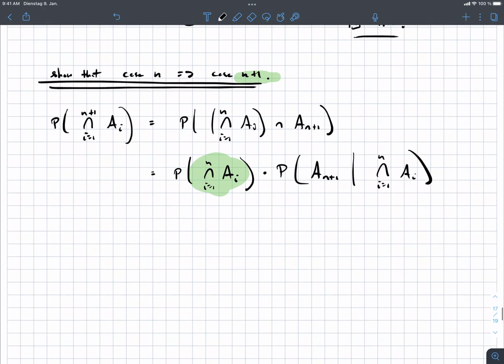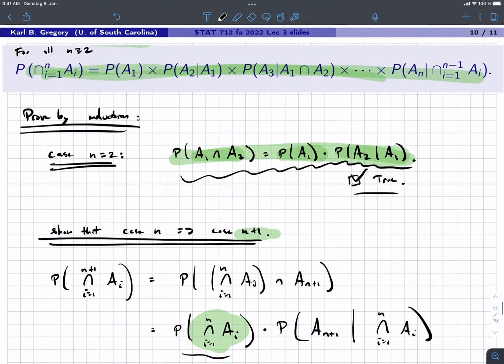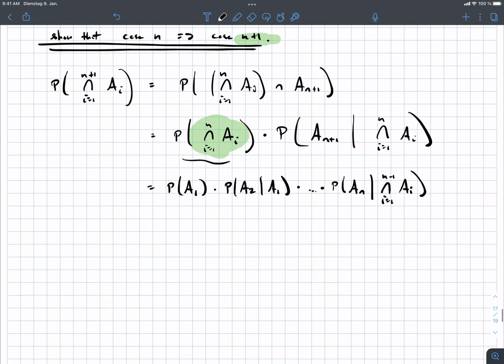Okay, and this part, since I can use this n case, is given by the probability of a1 times the probability of a2 given a1, and so on, all the way out to the probability of an given the intersection of all of these.